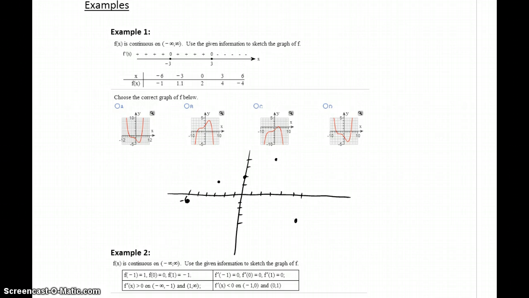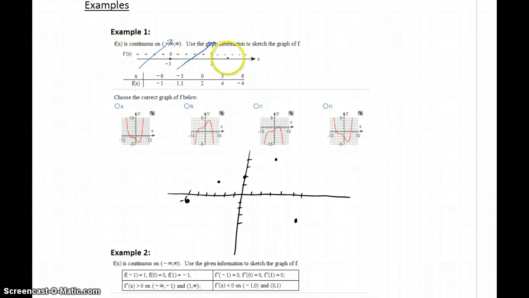Now we want to use the information that we're given about the derivative function to determine the behavior of our graph between those points. So we know that from -infinity to -3, our function is increasing. From -3 to 3, our function is still increasing.